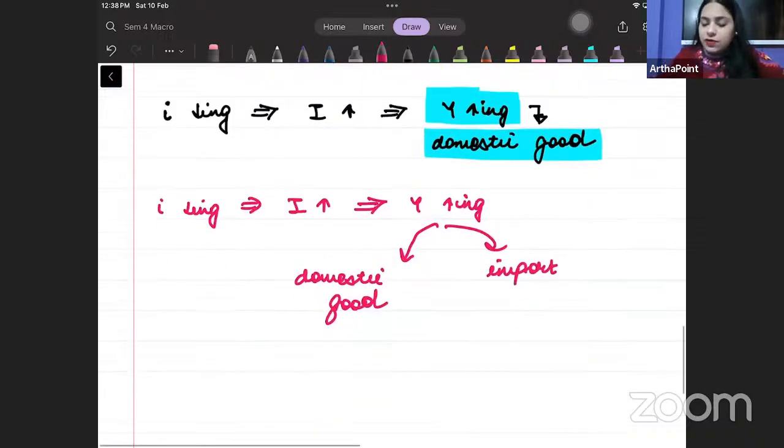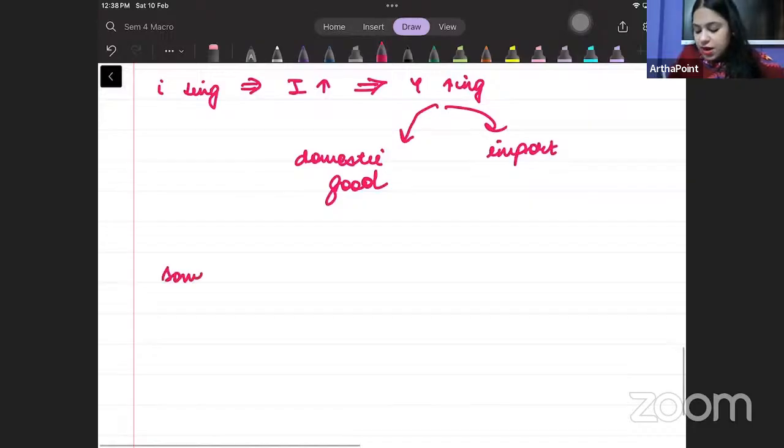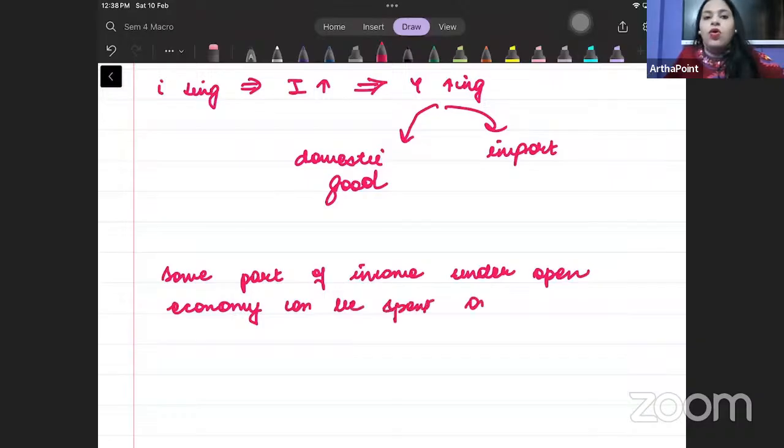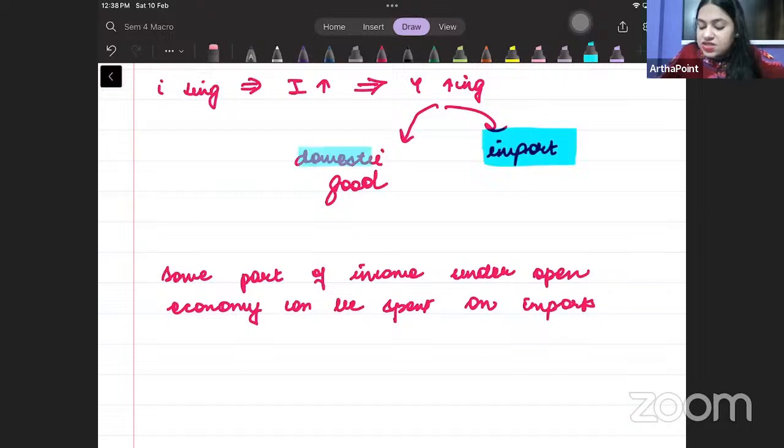So some part of income under open economy can be spent on your imports. अब कुछ पार्ट इनकम का इंपोर्ट्स पे जा रहा है और डोमेस्टिक गुड्स पे आधा.